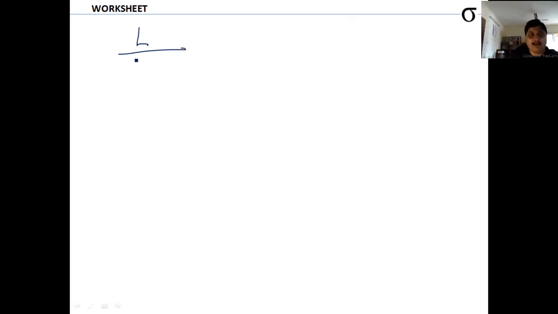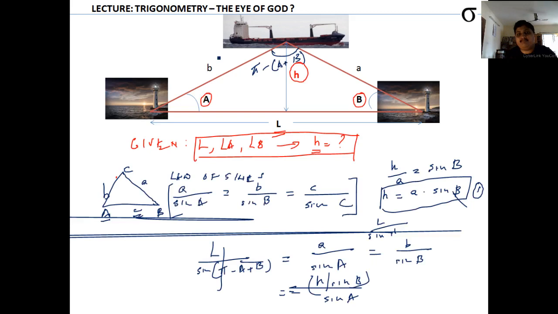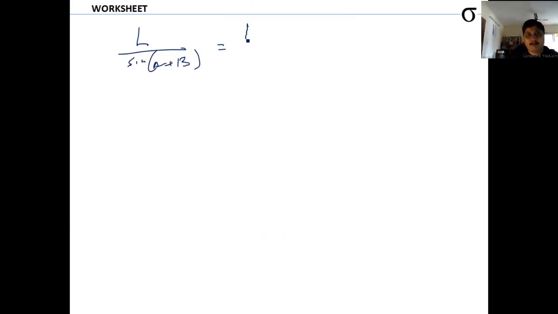So we get L divided by sine (A plus B) is equal to h by sine B divided by sine A.